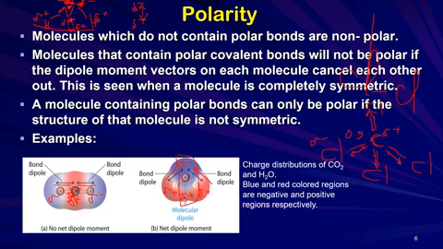And the different colors you are seeing here, they are showing the distribution of charges. The red representing the positive charges, and this one with almost a gray color or the blue color which is representing the negative charges.